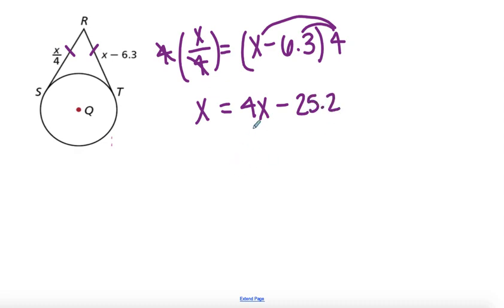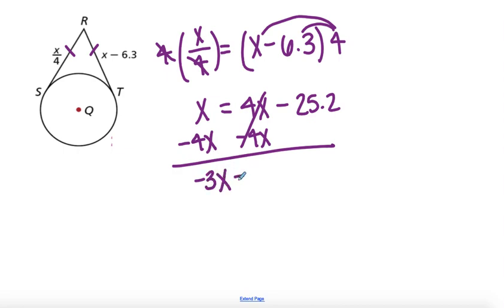And now I'm going to go about normally. I'm going to get my x's on one side, so I'm going to subtract 4x on both sides. And then I'm going to divide both sides by negative 3. So I get x is equal to 8.4.